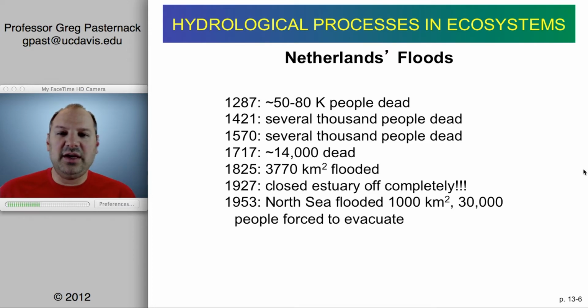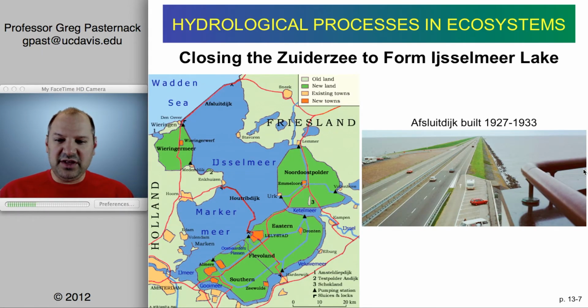And in 1927, they even went so far as to close off the entire estuary that's there. So specifically, if we zoom in on a section of the Netherlands, you can see in blue on this map is a very large estuary.